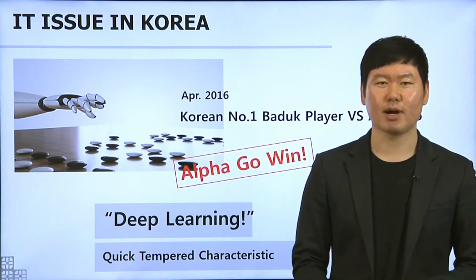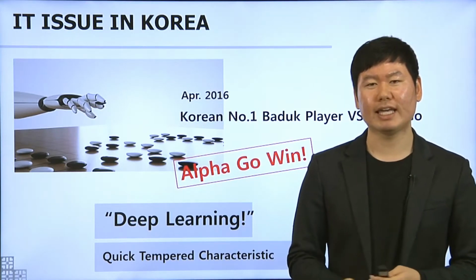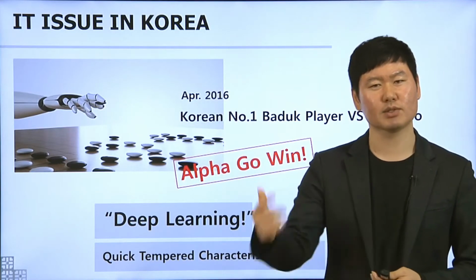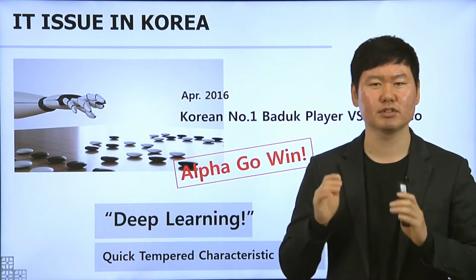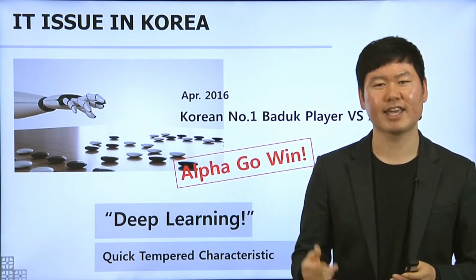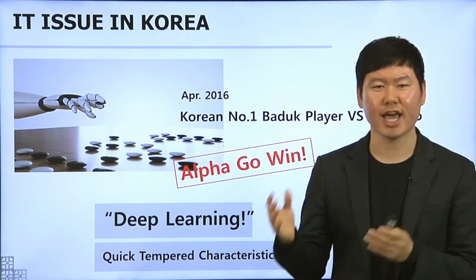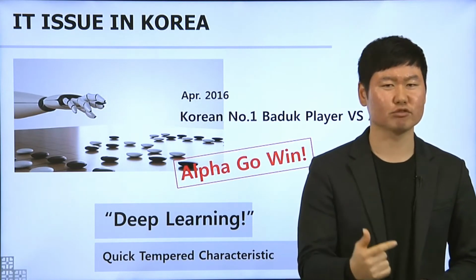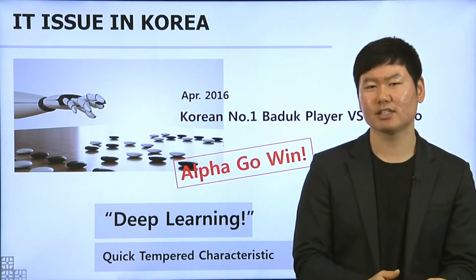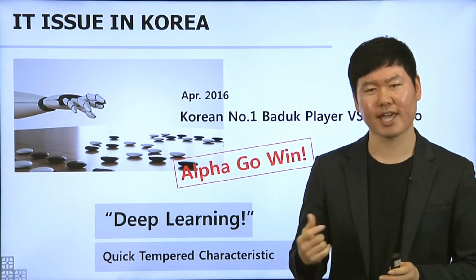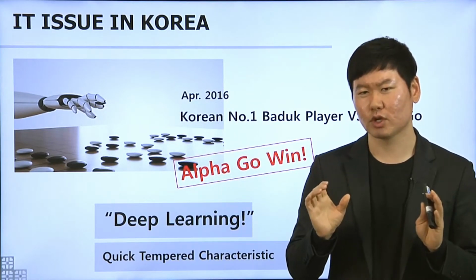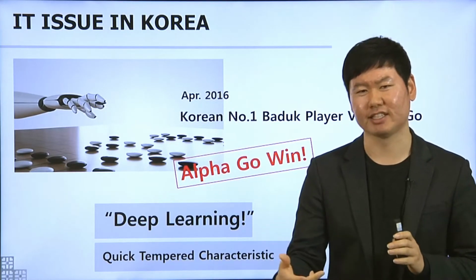The name is AlphaGo. Do you know why it was a big issue for Korean people? Historically, Korean people thought AI could win at chess, but Baduk is too complicated because of too many possible cases.